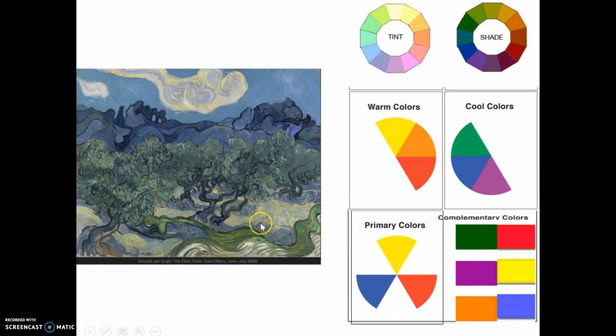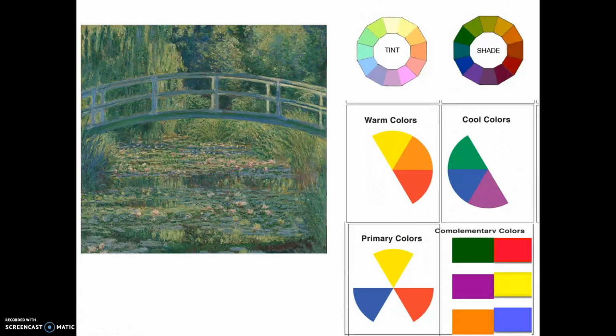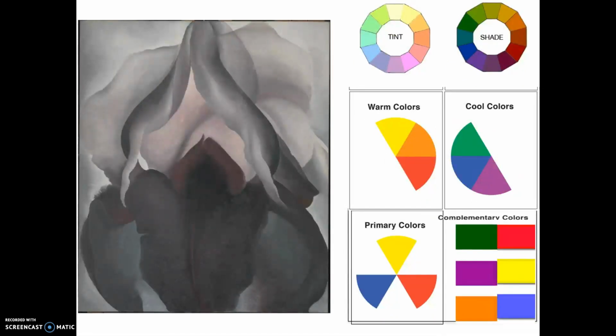This is by Vincent van Gogh. It's called The Olive Trees, and it's more of a cool color. This is The Water Lilies by Claude Monet. Some of you might remember the Chinese bridge that he built and that he would stand outside and paint. Claude Monet's painting here would also be an example of a painting with cool colors.